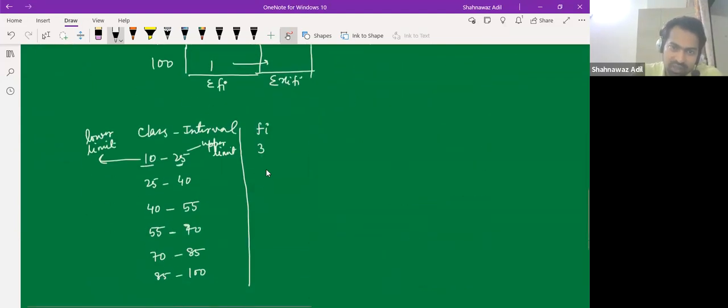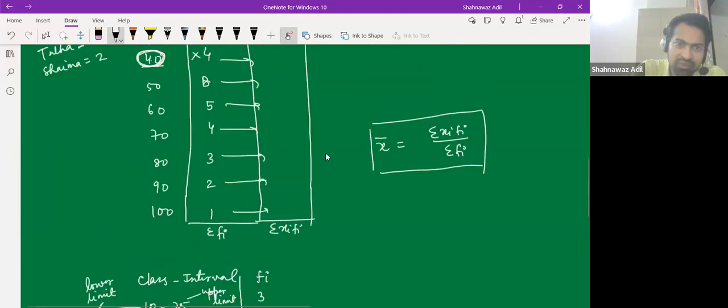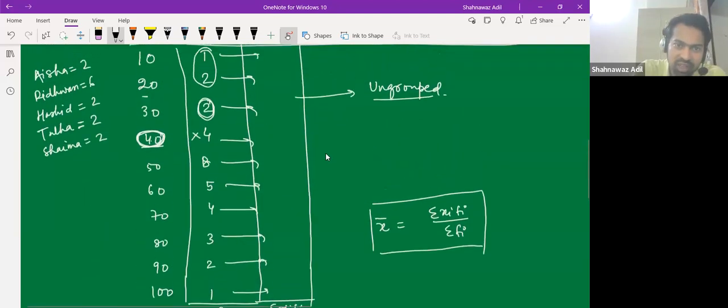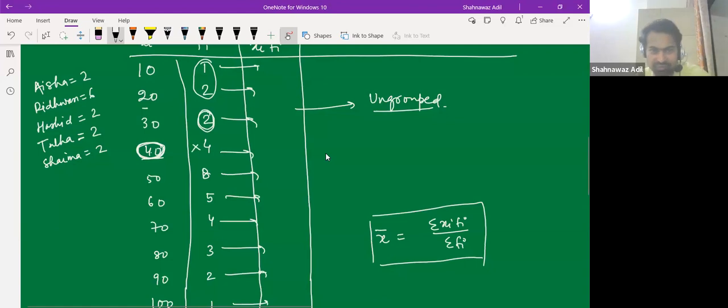So this is 2. And then from 40 to 55, how much is that? It is 12. Everyone agreed? So 12 it is.